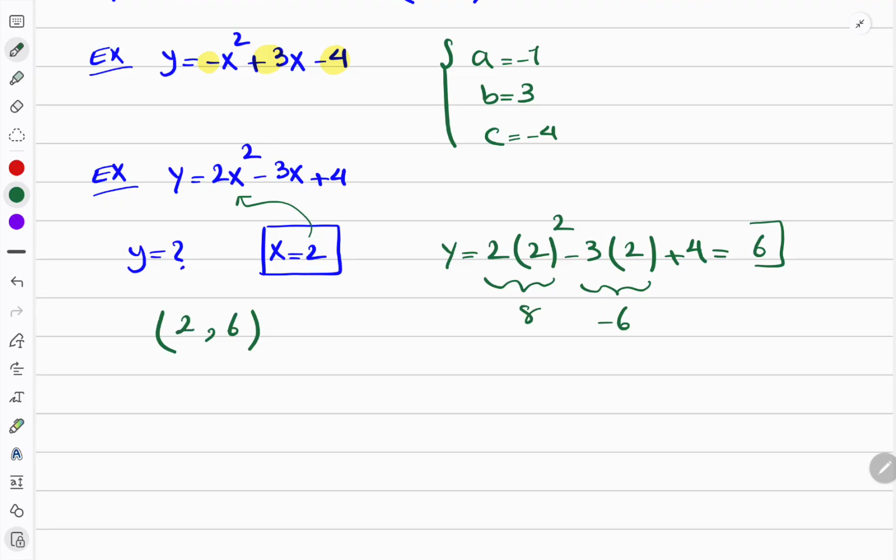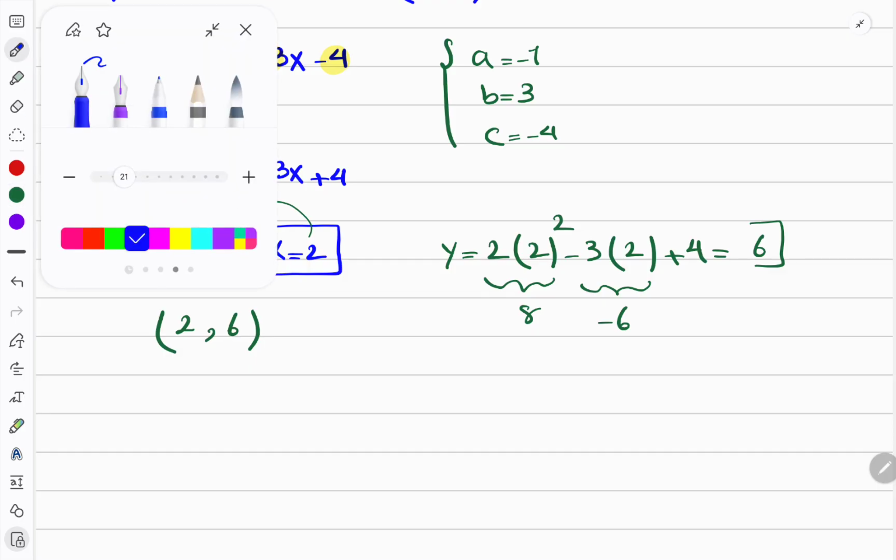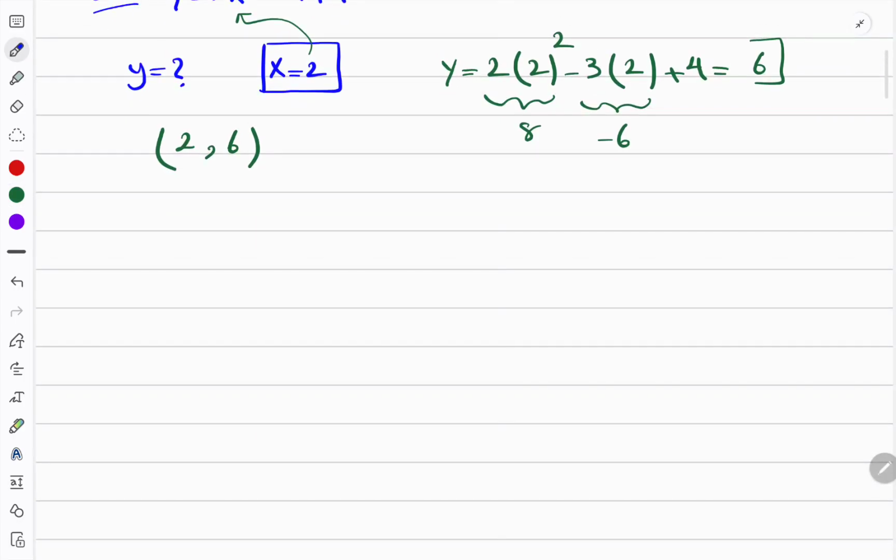And if we plot this function, the point (2, 6) absolutely lies on this graph. So far, so good. We can test if a point lies on the graph of a function by substitution. As another example, we have 2 points.